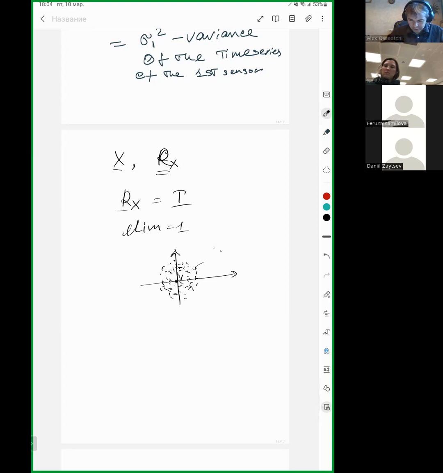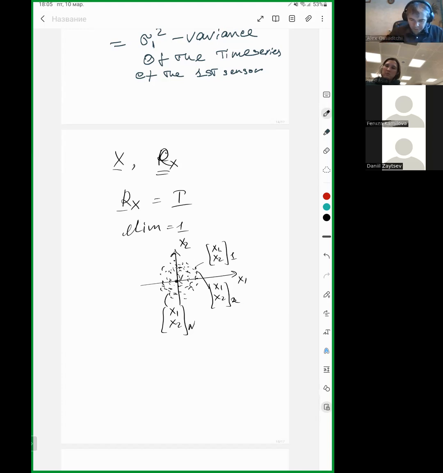For instance, this is x1, x2, the first observation, this one x1, x2, the second observation, and this is x1, x2, the nth observation. They form something like this, where there is no preference of direction. This is x1, this is x2. You can't say along which direction, or maybe which line, this variable likes to group, right?